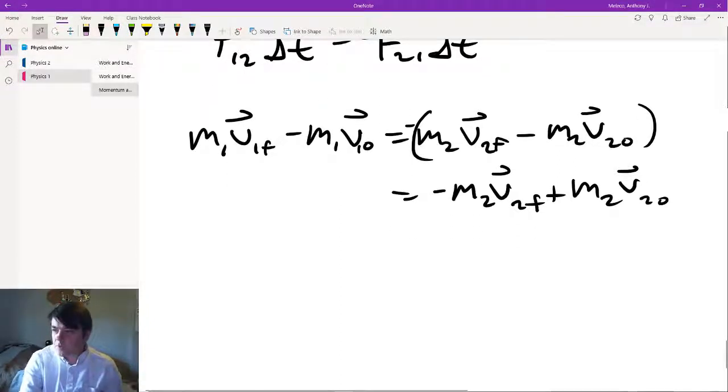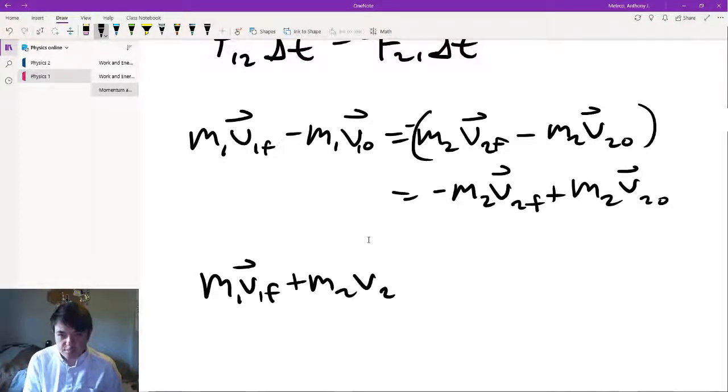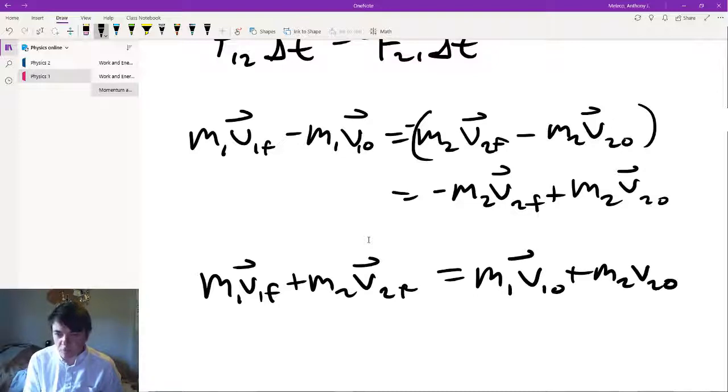And so now we can rearrange this. So we have the positive right here, m1 v1 final. This guy we can add over, m2 v2 final, so I added that guy over. This one I can add to the other side. We get m1 v1 initial plus m2 v2 initial.